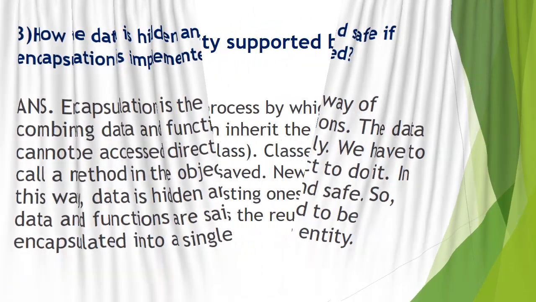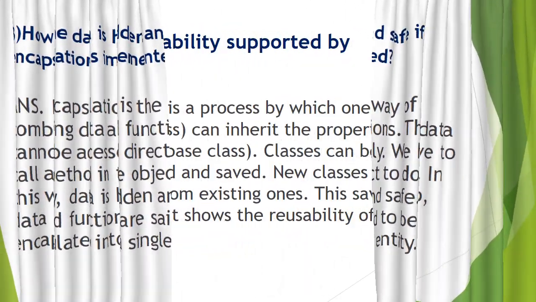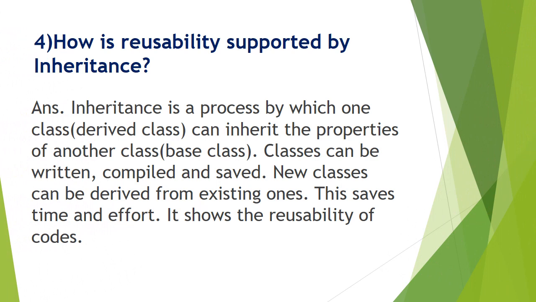The next question is about reusability. How is reusability supported by inheritance? It means if we implement inheritance, how can we reuse the data? So inheritance, what is this process?